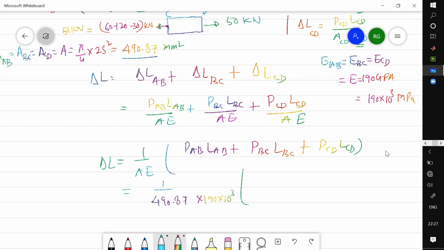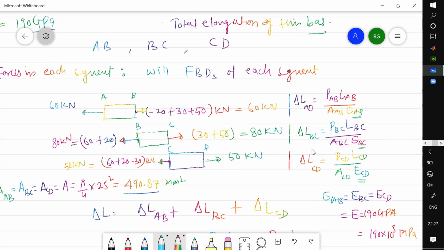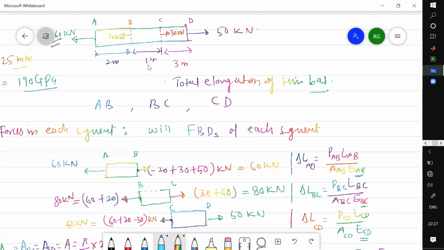Here the force in the AB segment is 60 kilonewton and its length is 2 meters, so this becomes 2000 mm, plus the force in the BC segment is 80 kilonewton and the length of BC is 1 meter, and the length of CD is 3 meter.